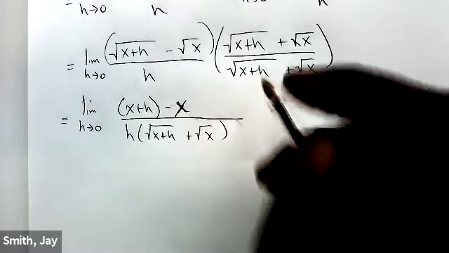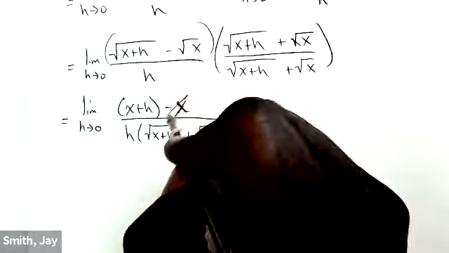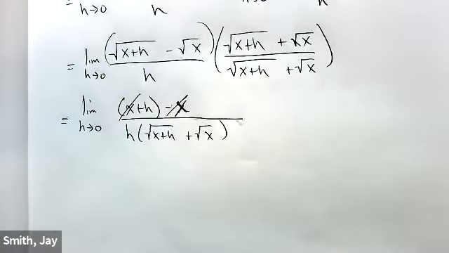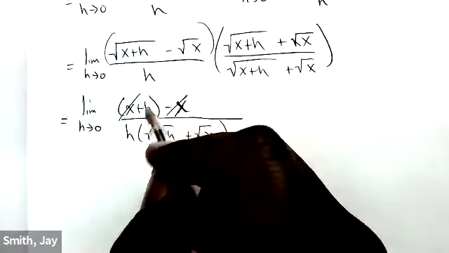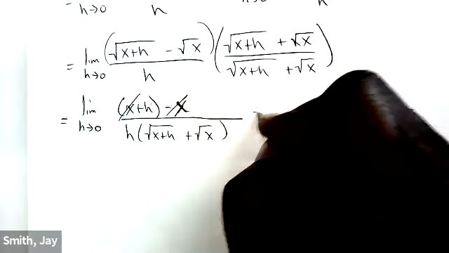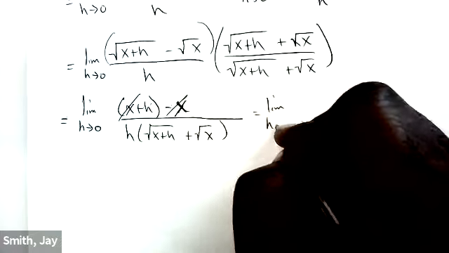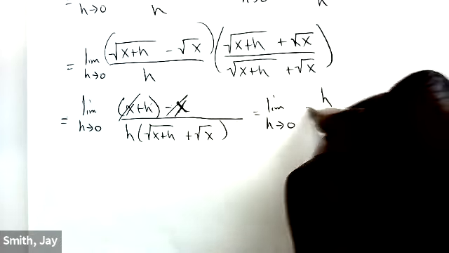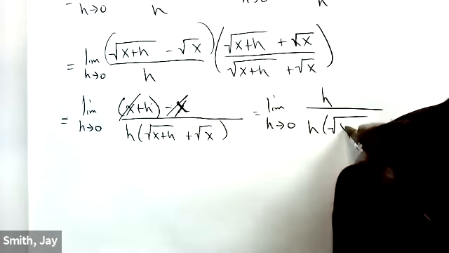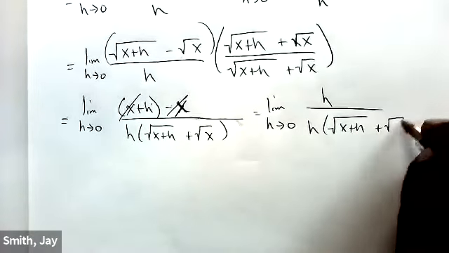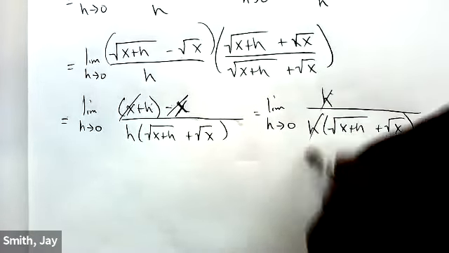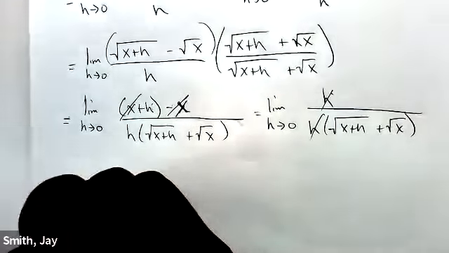We actually can drop off that parentheses. These x's are going to cancel. Negative x and positive x cancels out. The h's are actually going to cancel as well. I'm just going to show that step just in case somebody needs to see it though. So we're left with h over h times the square root of x plus h plus the square root of x. Here my h is canceled.